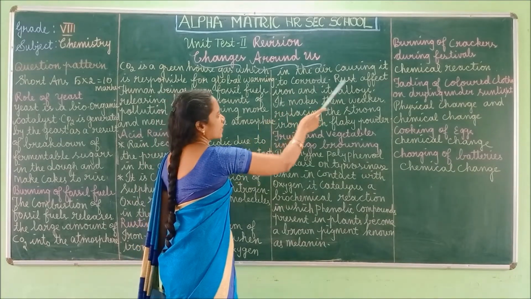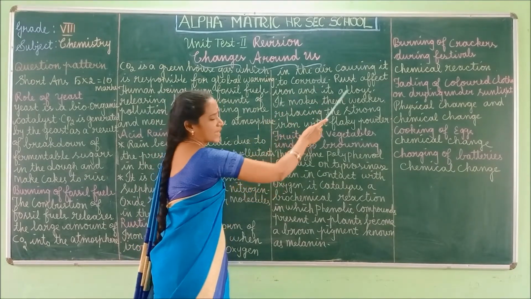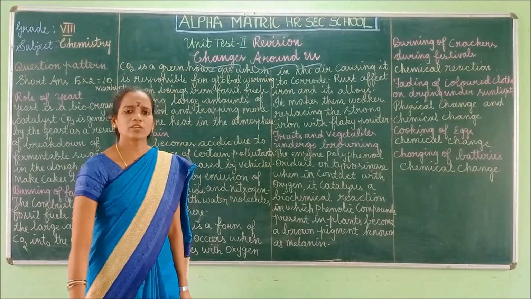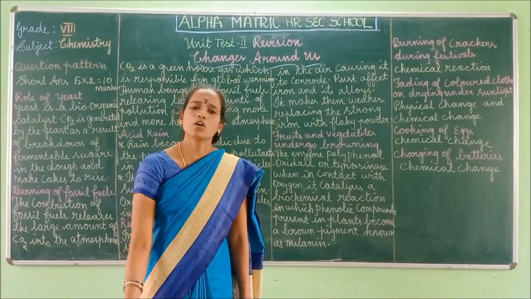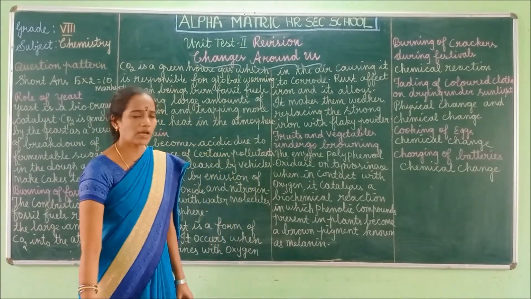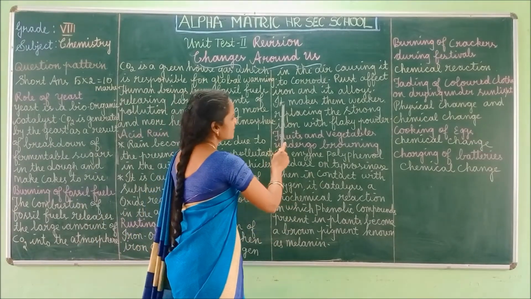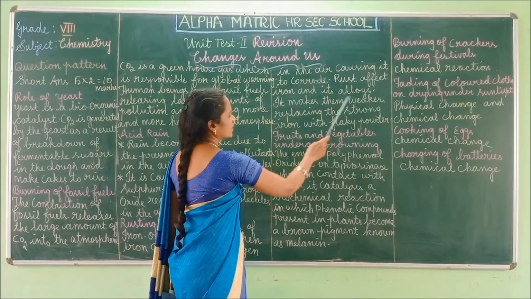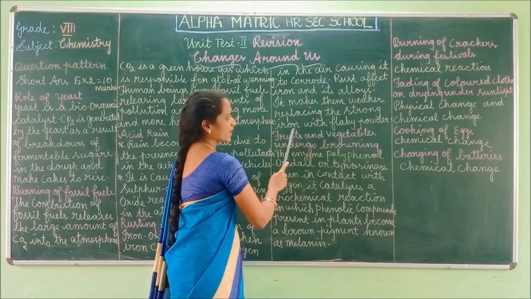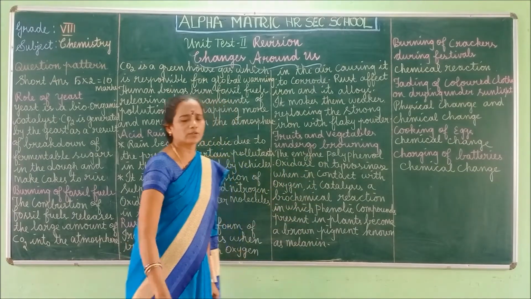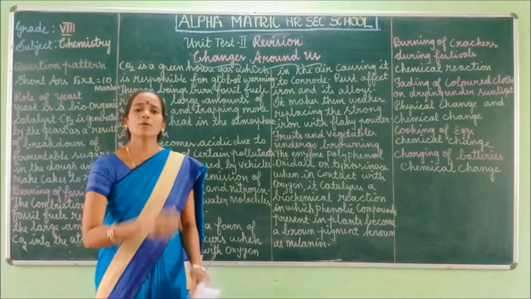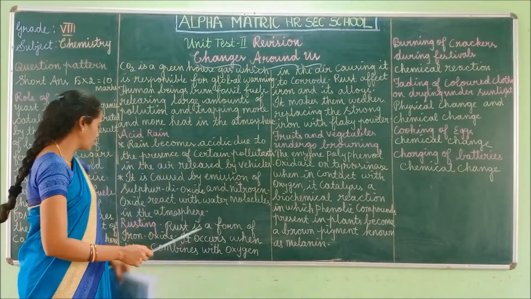Rust affects iron and its alloys. Alloys is nothing but a combination of two or more metallic elements. So this rust makes them weaker, replacing the strong iron with flaky powder. Flaky powder, that is, in the powdery form.